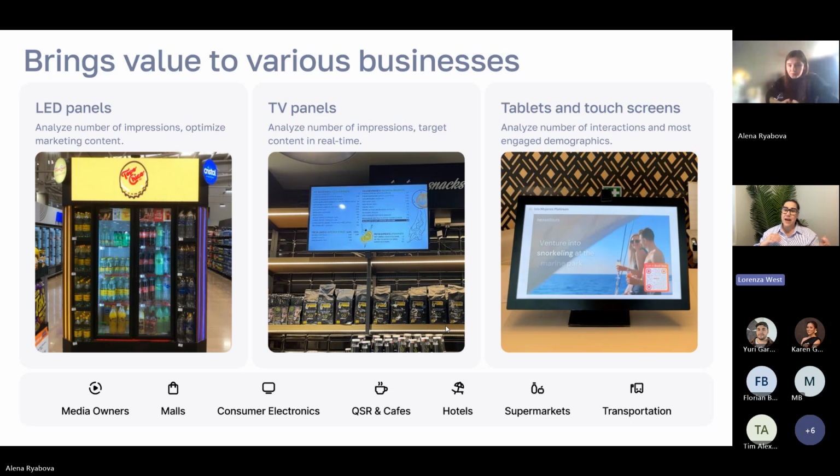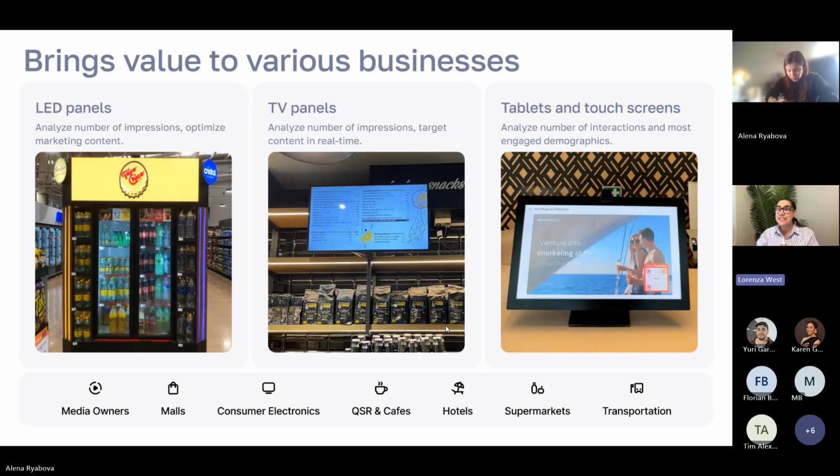And then we have tablets and touchscreens. Tablets by far are the easiest and quickest way to implement this solution, in a matter of minutes, because there is less configuration and less hardware. They go right at the checkout stands. They can even sit inside each brand zone. They can not only collect data, they can ask questions like a survey.